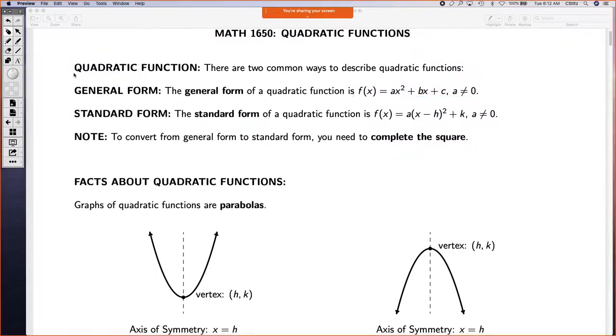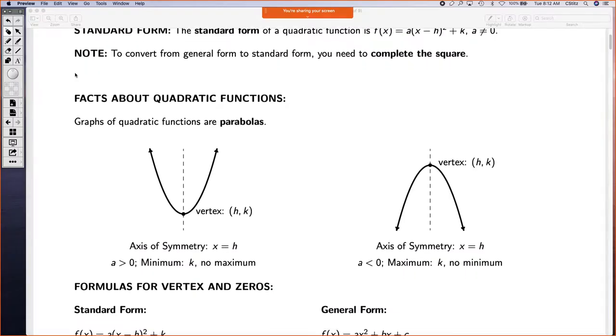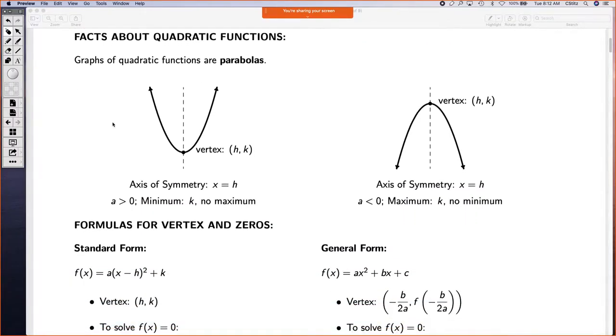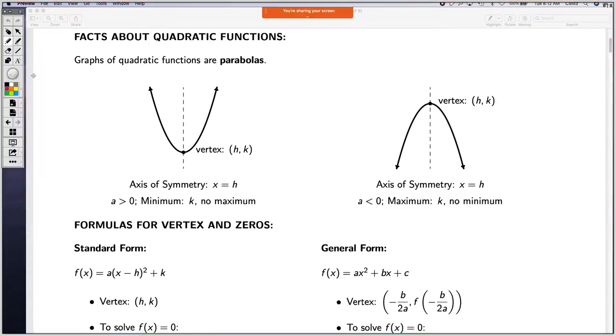Well, let's take a look. So if you've got your quadratic function in the form f of x equals a times the quantity x minus h squared plus k, just like the vertex was (h, k) for the absolute values last week, guess what?